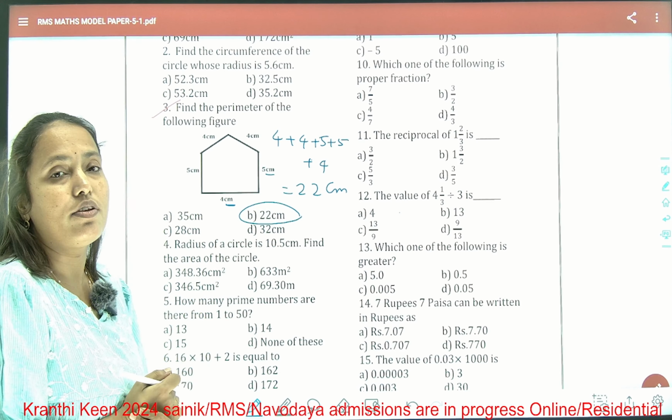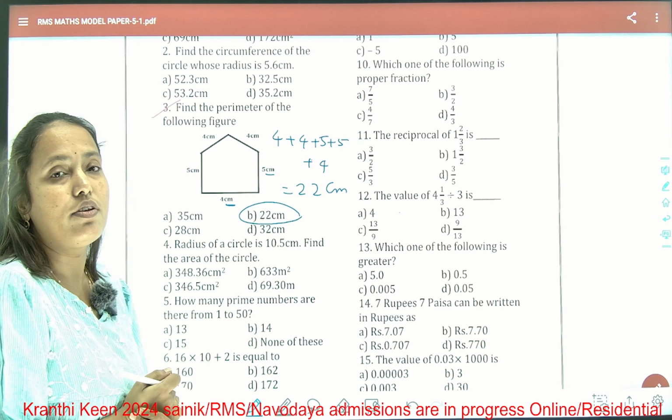And next, one more important question here. Sometimes in the exam paper they ask formulas directly. Here they ask the area of the triangle. It is a very easy question. But in the options you see: base into height, half into base into height, half into base plus height.